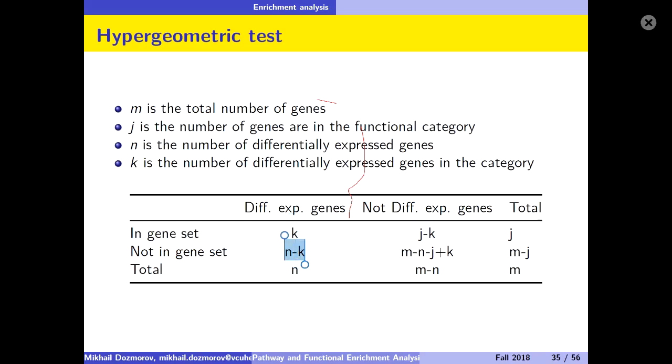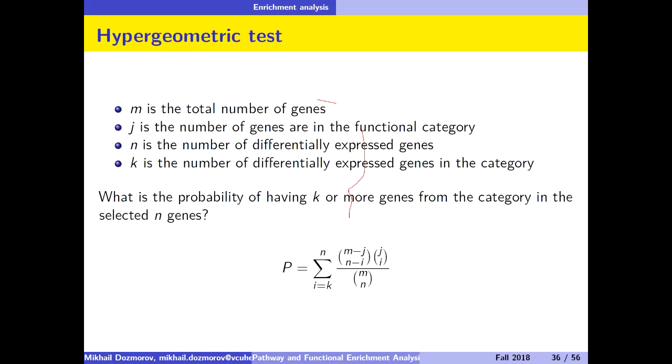For not differentially expressed genes, you calculate how many are in your hypoxia pathway or any other gene set. And for not differentially expressed, you calculate the number of those that are not in the gene set. Having this 2x2 contingency table, you can calculate the p-value of your enrichment analysis using the hypergeometric distribution.